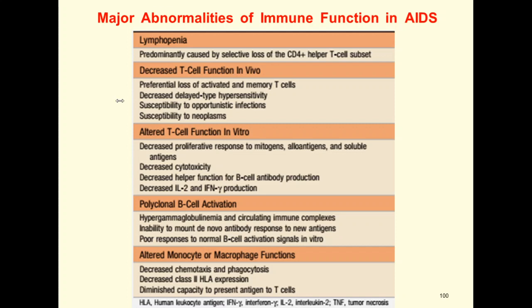But as you see, there are a lot of problems with other counterparts of the immune system response. So as you see, problems with B cell activation and even with macrophage functions.